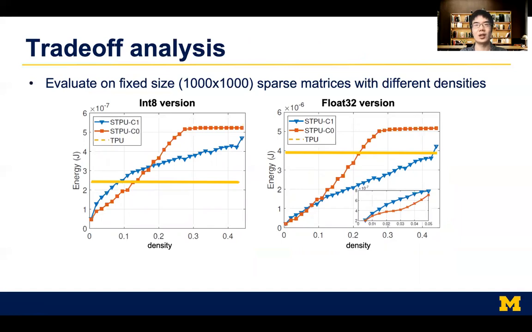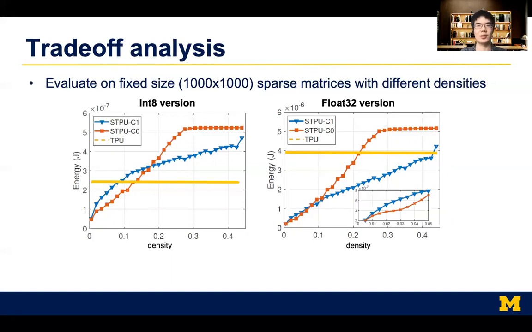Generally, the TPU energy remains fixed, and STPU energy increases with increased density. As shown in the figure, STPU outperforms TPU in the lower density range. As the density increases, the benefit becomes smaller, and beyond a certain point, TPU consumes lower energy than STPU.